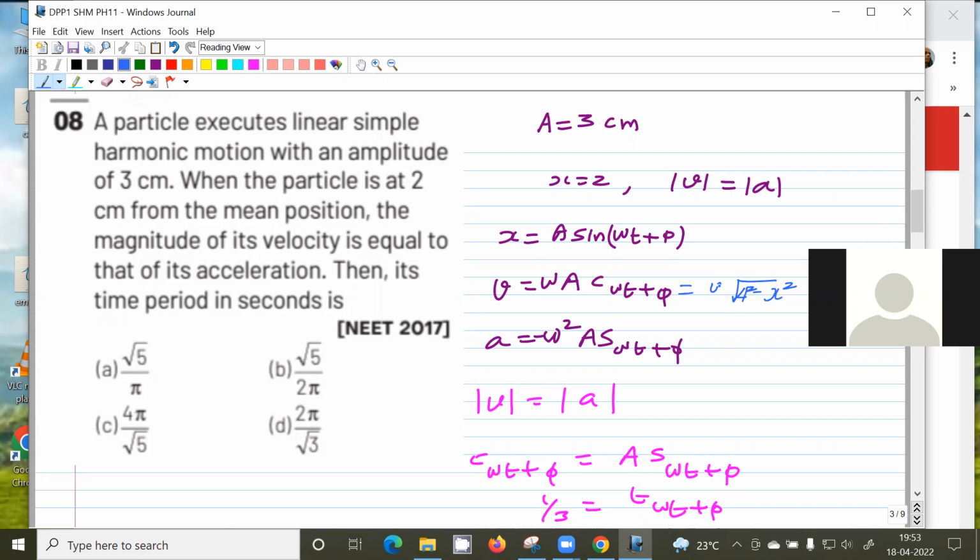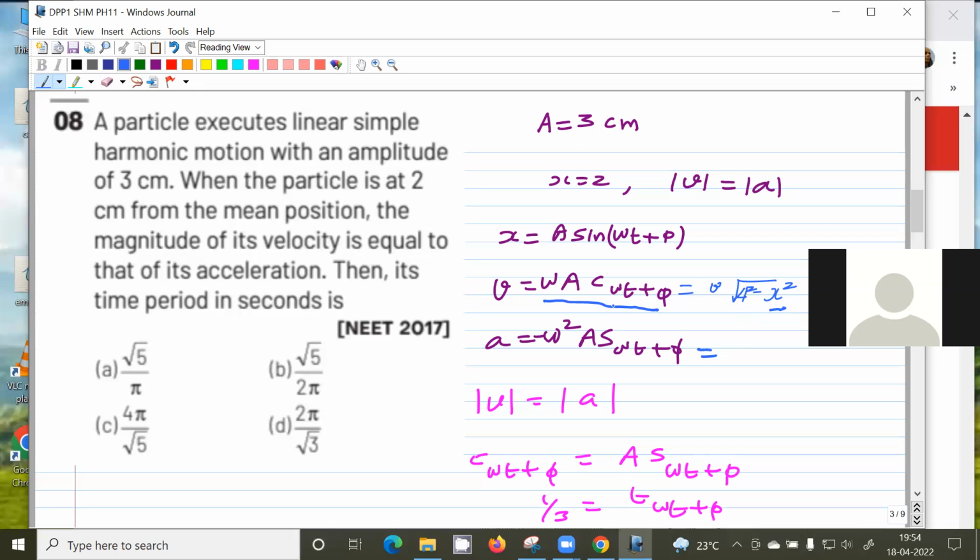Velocity is omega into square root of a square minus x square. So basically x will change with time, so velocity will change with time. So instead of writing the variation of velocity in terms of time, you can write it in terms of x, where x is changing with time.